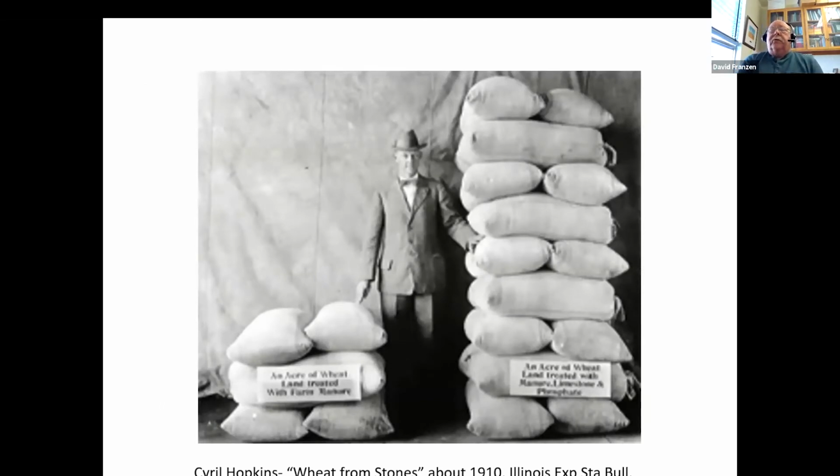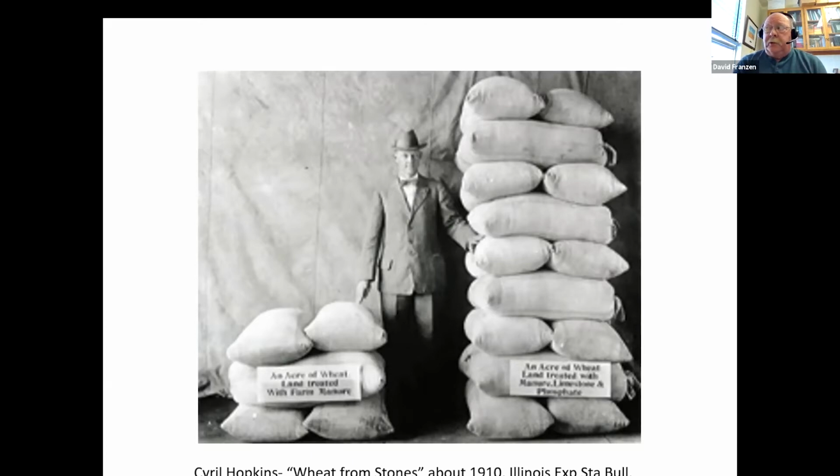This is not a new concept to go from not applying any lime to all of a sudden seeing a crisis develop. Back in the late 1800s, early 1900s, Southern Illinois, my original home state, was being depopulated because many fields, thousands and thousands of acres, were being abandoned because you couldn't grow a crop there anymore.